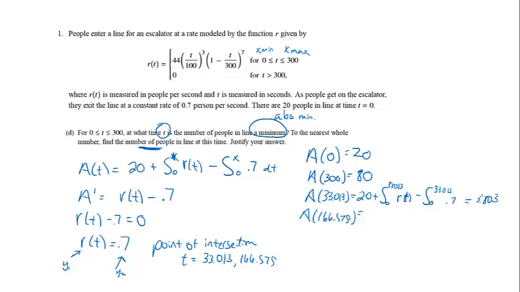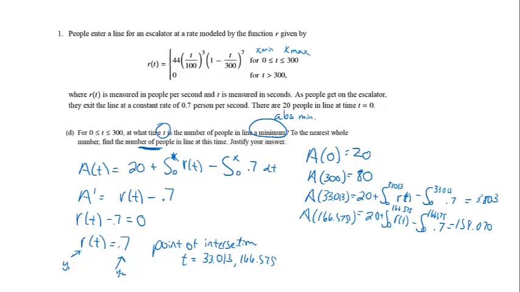And then for the 166.575, we're going to do the same thing. So I'll have 20 plus the integral from 0 to 166.575 of r of t minus the integral from 0 to 166.575 of 0.7. And when you type that all in your calculator, you will get 158.070.